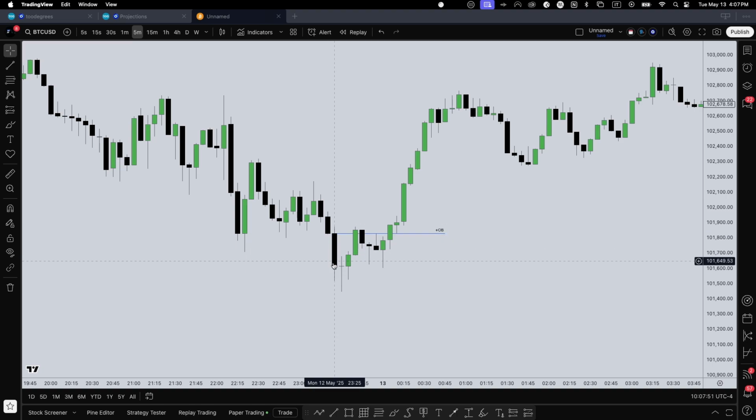Before we get there, when is this order block invalidated? Personally, when the mean threshold, aka the midpoint of this candle, is traded through. Some people draw the midpoint of the whole candle. Some people draw the body only. Some people do from the open, in this case, to the low. In this case, it respects all three.